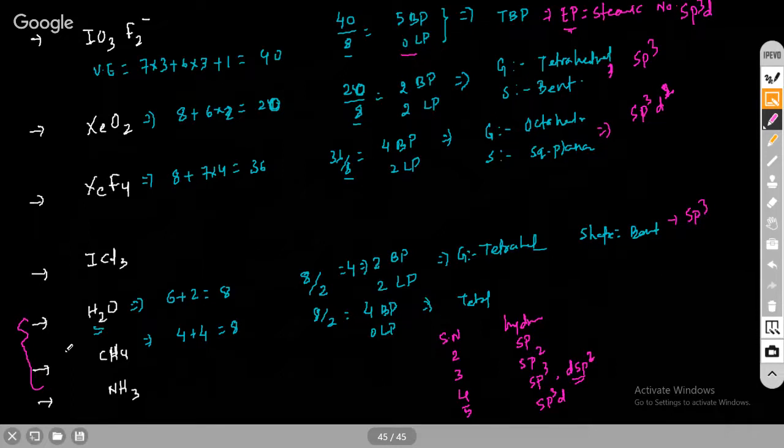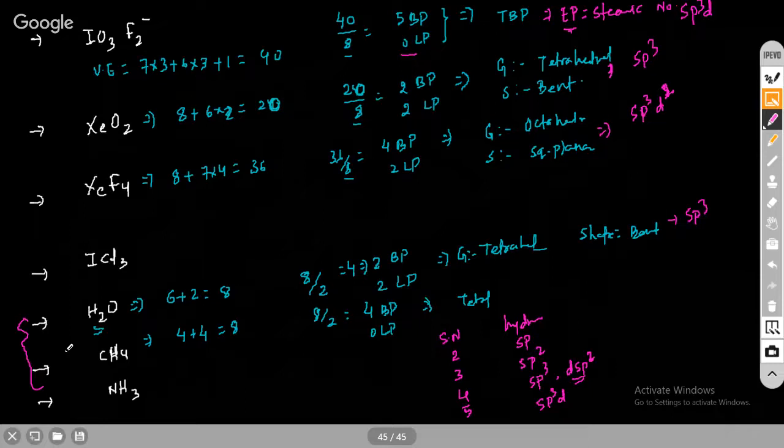Is it clear? So for the given molecule, we'll divide it by 8. We'll find out the number of bond pair and lone pair. The sum of that will be the steric number.